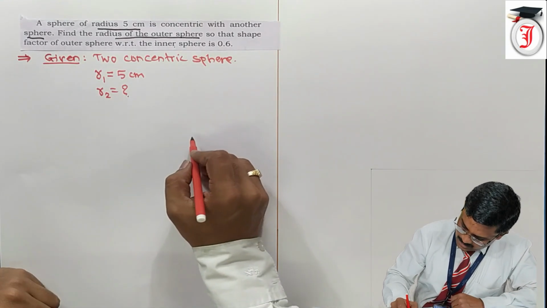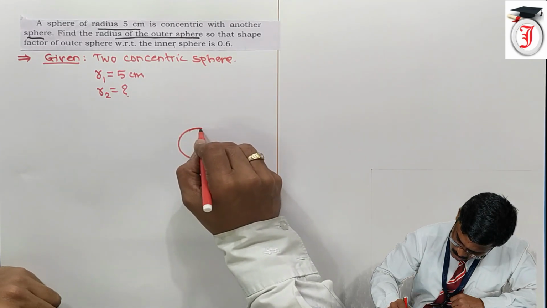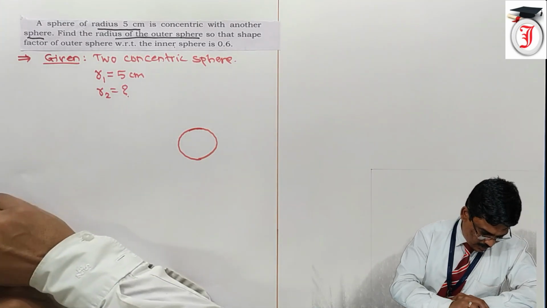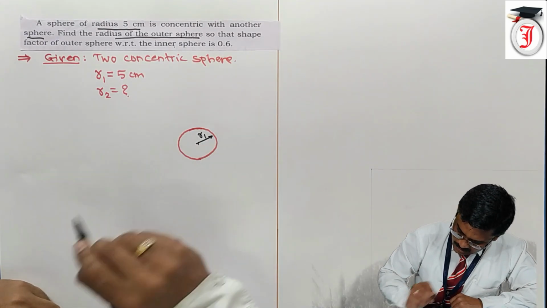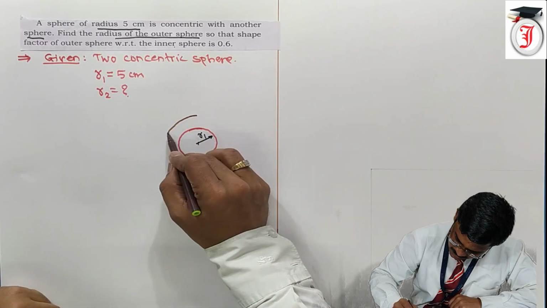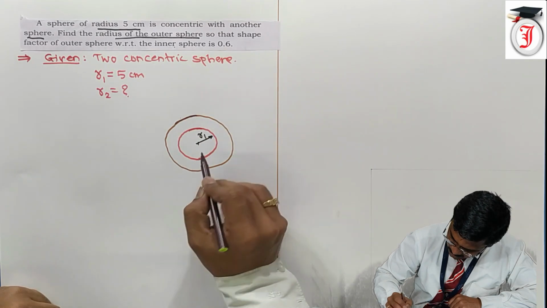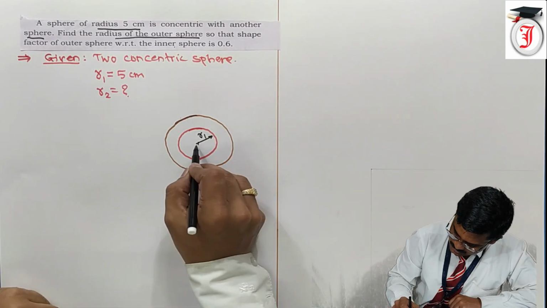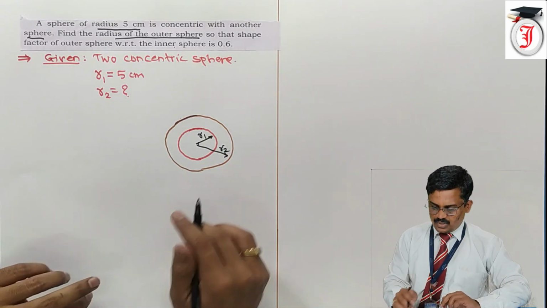Let us draw the diagram. Suppose this is an inner sphere having radius r1, and let us consider another sphere which is concentric to the first sphere, having radius r2.